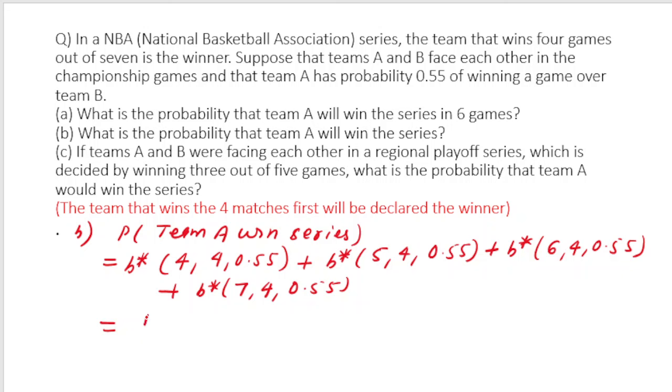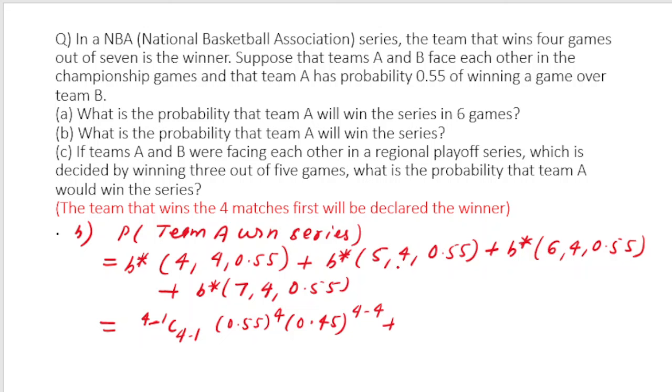So it is (4 minus 1) C (4 minus 1), probability of success 0.55 to the power 4, probability of failure 0.45 to the power 4 minus 4, that is equal to 0. I am writing it just for you so that you don't miss the point. I could have written 0 directly also.